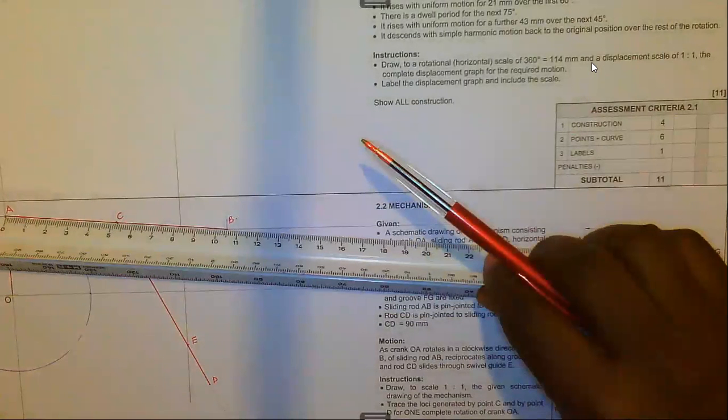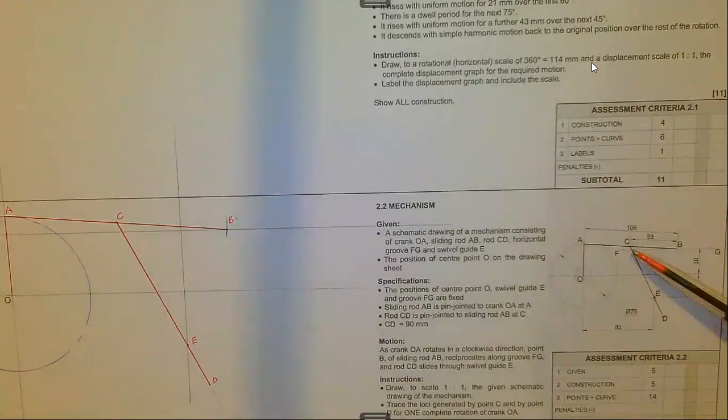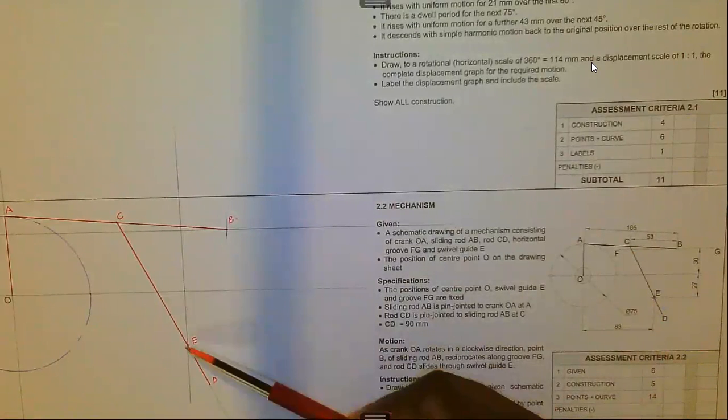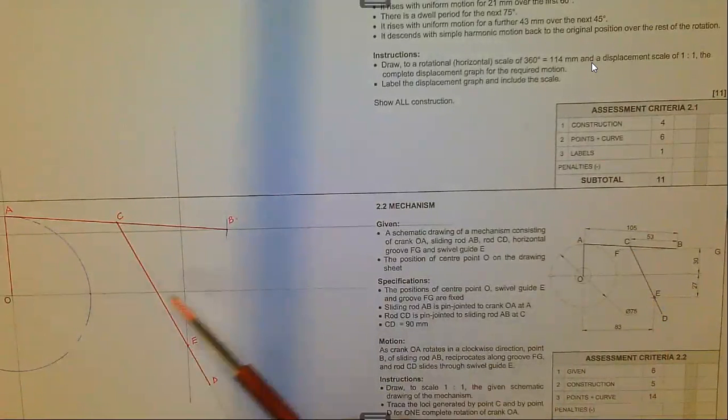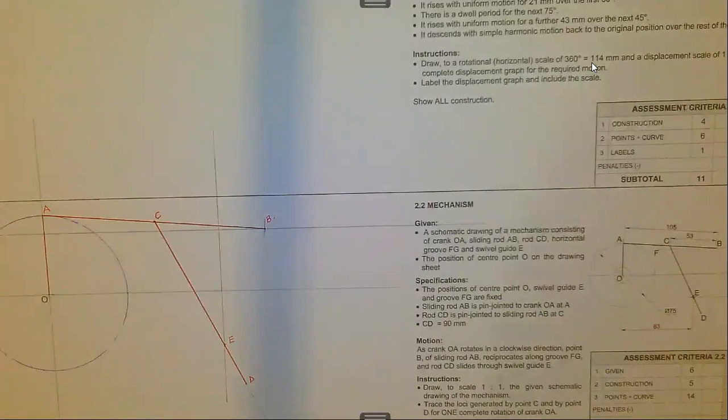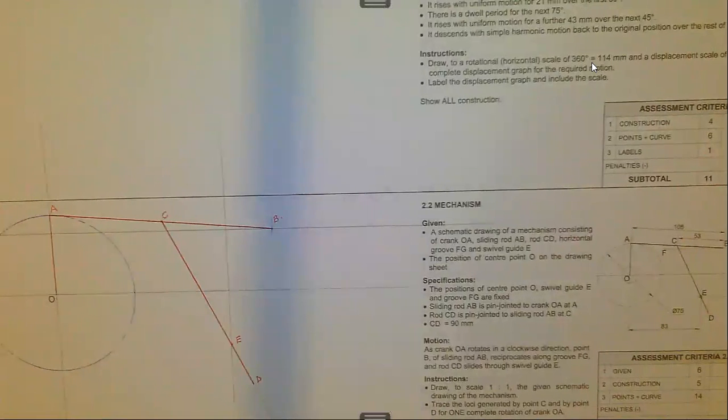Then we've got C, D, which is 90, but this E is located from here to there, that's 27, and from here to there, that's 83. Right, okay. So we are done with the information. Remember, we need to find the locus of C. We also need to find the locus of point D for one complete revolution of OA.